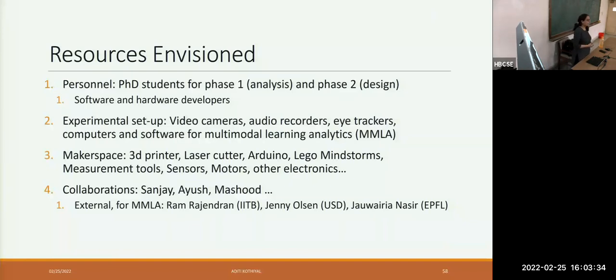If not, my approach would be to try and go into makerspaces outside of HBCSE, which were already set up, so that the work doesn't stop. While we are trying to acquire the expertise, while we are trying to learn, we also keep continuing our work in the field by going to other makerspaces in the area and trying to study the people. But I'm quite confident that the expertise exists. It's about finding the right people and building the bridges.